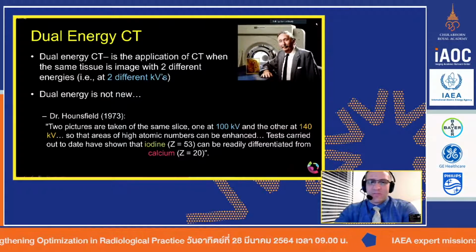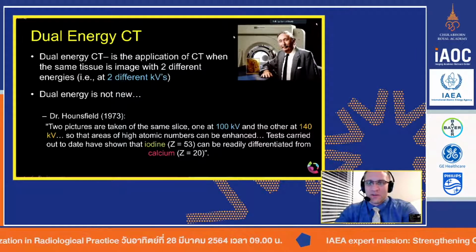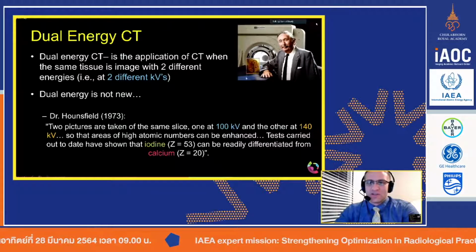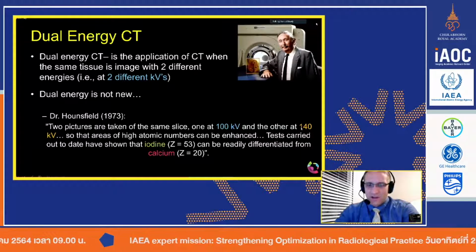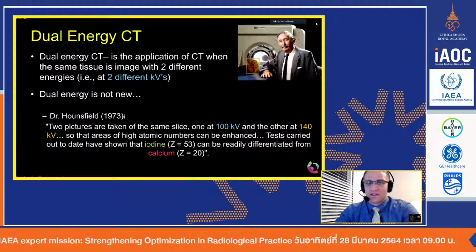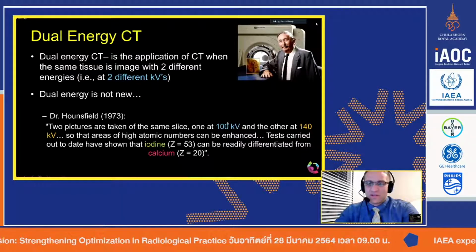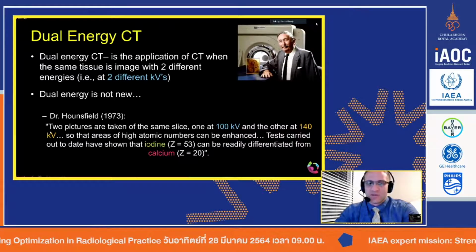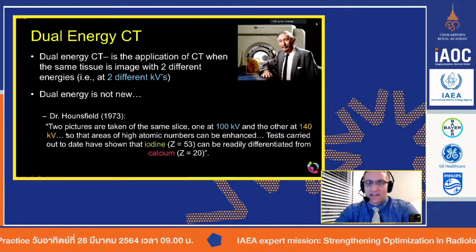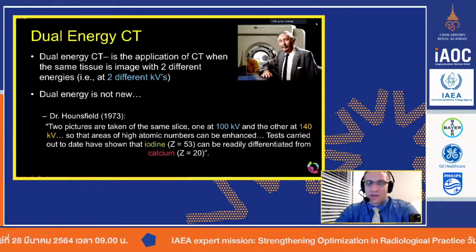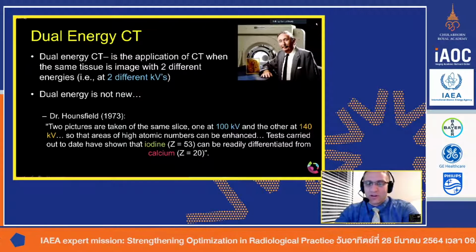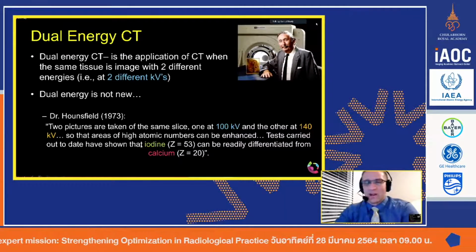And from the very beginning of the development of CT, Dr. Hounsfield always envisioned using two energies to scan the body, because he realized from the very beginning, all the way back in 1970 when CT was invented, that if you image one tissue twice with two different energies, you can distinguish and identify the atomic mass of the material.